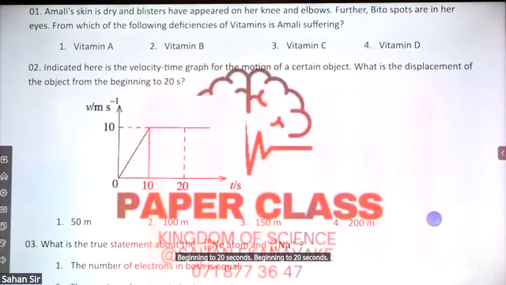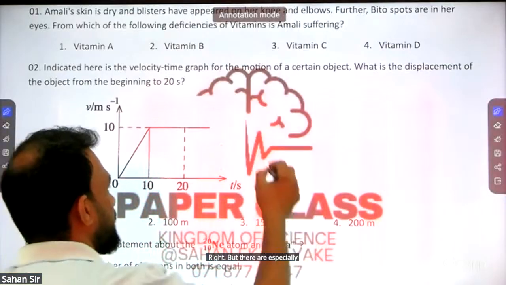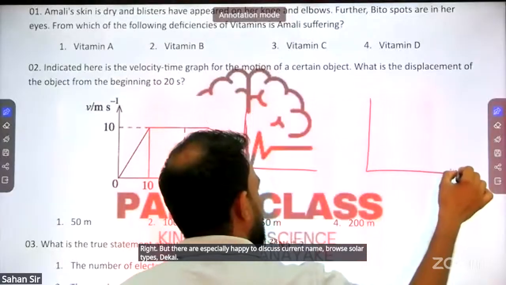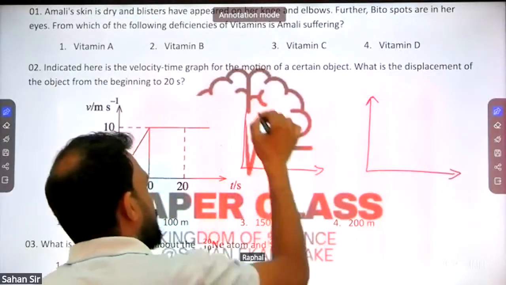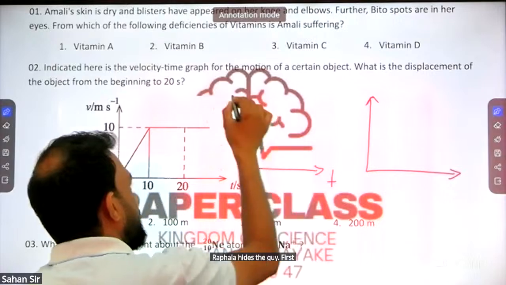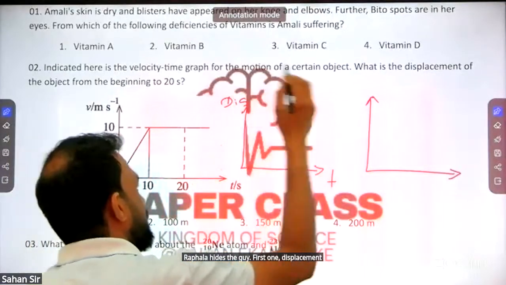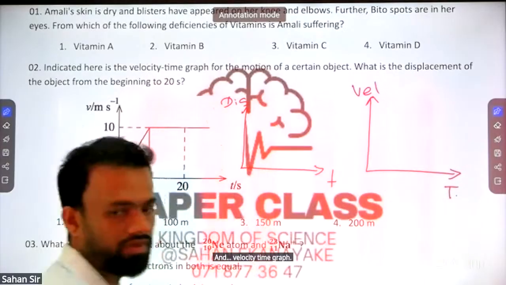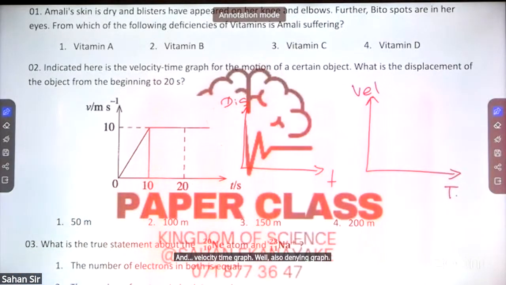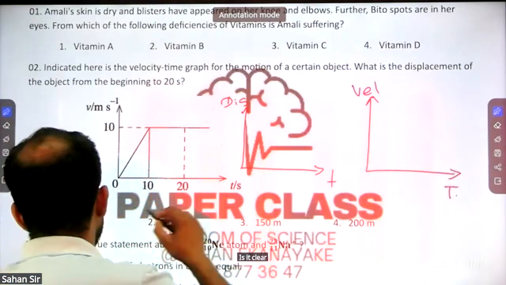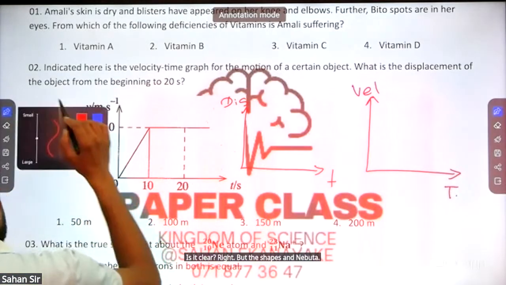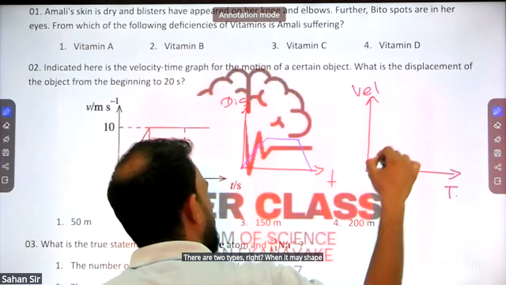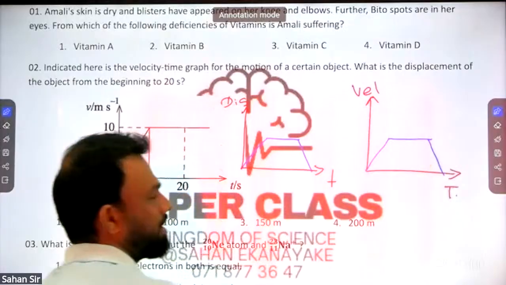Especially we discuss graphs, two types: displacement time graph and velocity time graph. Is it clear? Shapes, there are two types. When a may shape එක තමයි ගොඩක් වෙලාවට වගේ fractions වල කොහෙන් ගියත් එන්නේ.